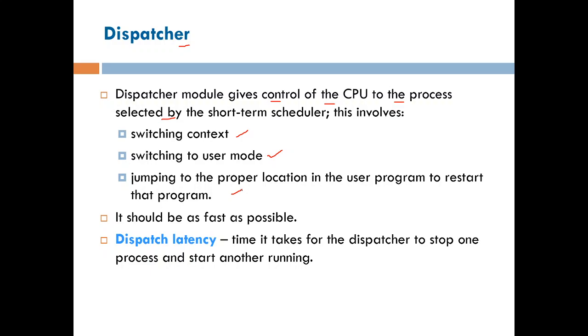This should be as fast as possible, since it is invoked during every process switch. The time it takes for the dispatcher to stop one process and start another is what we call the dispatch latency.